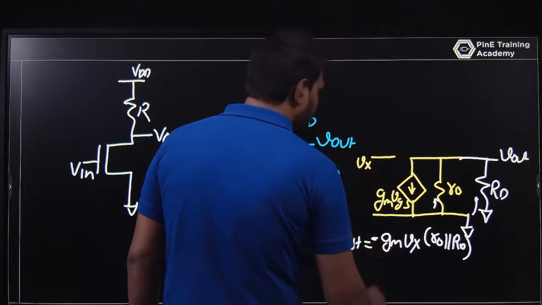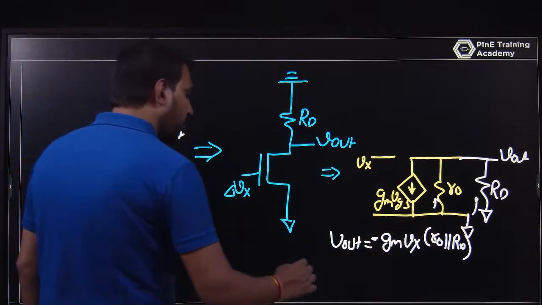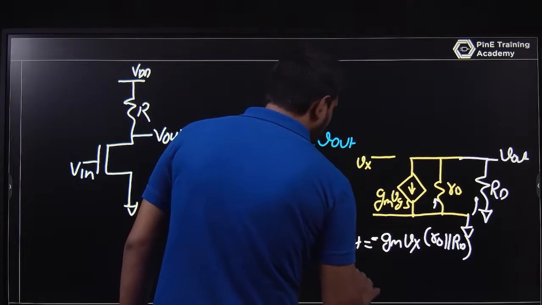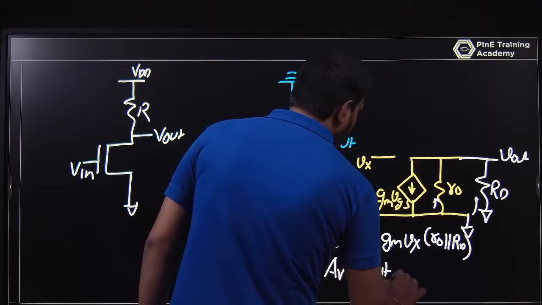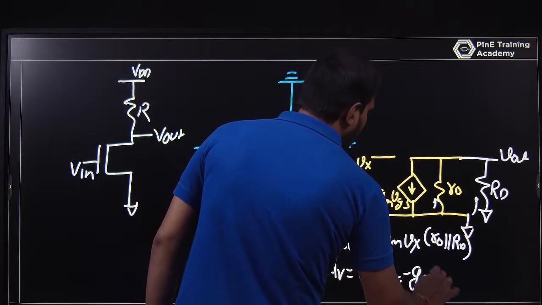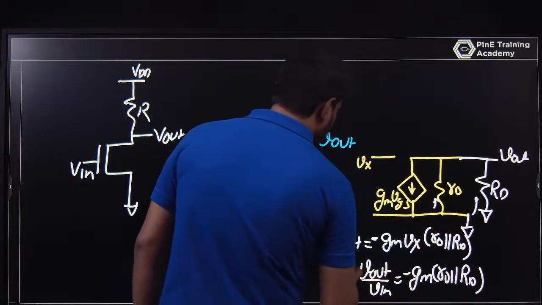So this is minus gm Vx (R0 parallel RD). And if you talk about gain, that is V out by Vx, or V out by V input, it is minus gm (R0 parallel RD). This is the gain.